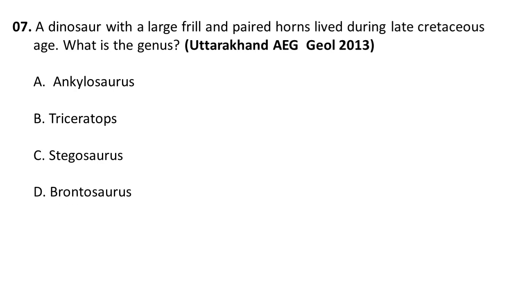So, the correct option is Triceratops. Triceratops was a genus of herbivorous chasmosaurine ceratopsid dinosaur that first appeared during the late Maastrichtian stage of the late Cretaceous period about 68 million years ago in what is now North America. So, B. Triceratops is the correct option.